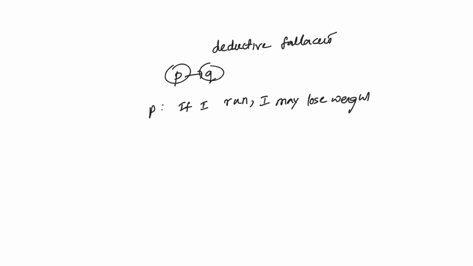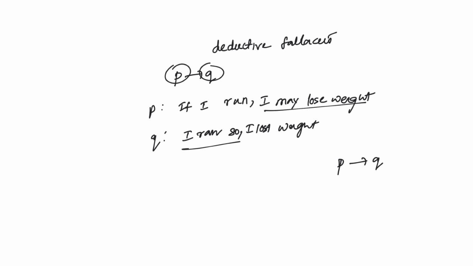And we can say Q being: I ran, so I lost weight. Even if we remove I ran or I may lose, we get: if I run, I lose weight. So running basically implies that I lose weight. So that's basically a deductive fallacy in this case. That's how we say it's a true deductive fallacy.